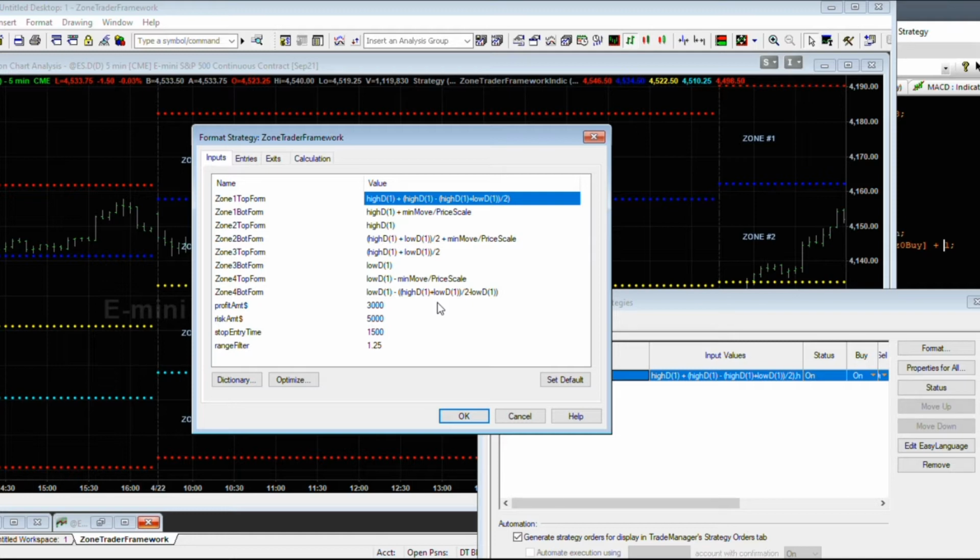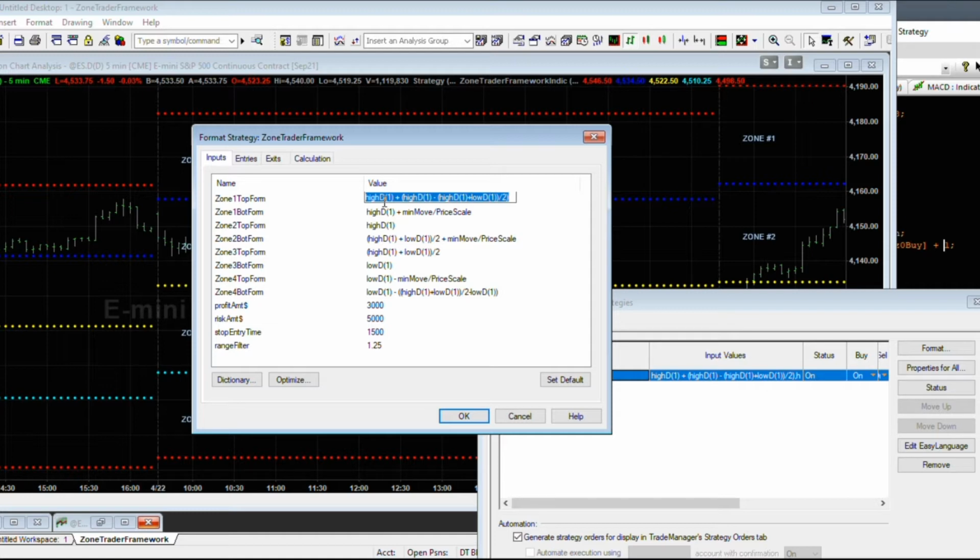the different zone levels. Like for example, here's zone 1 top formula, and that's basically high D1. High D, if you don't know, is how TradeStation keeps track of daily bars when you're utilizing intraday data.